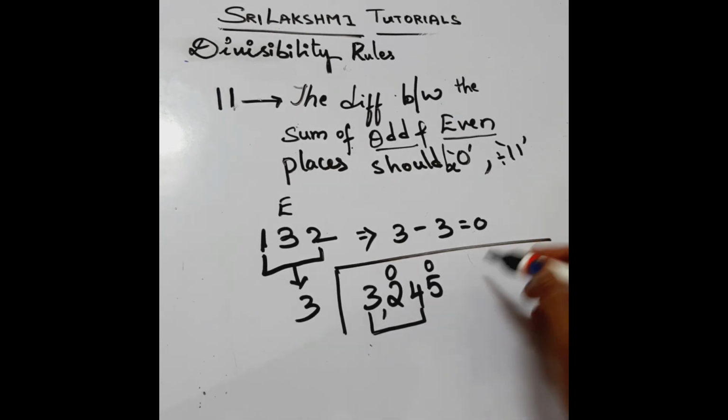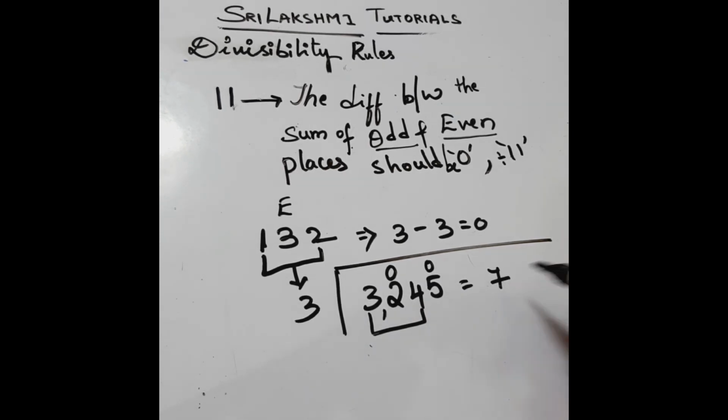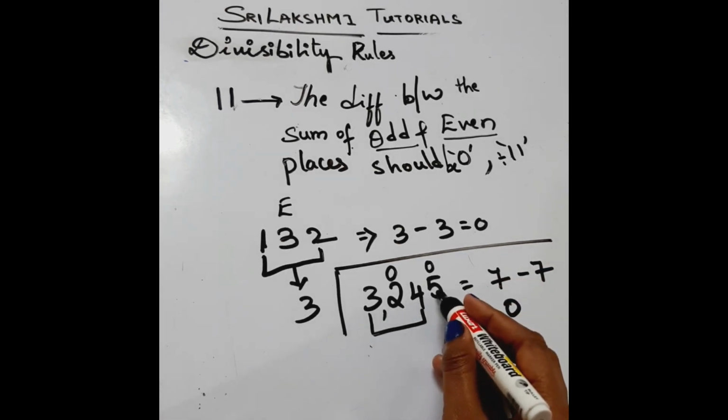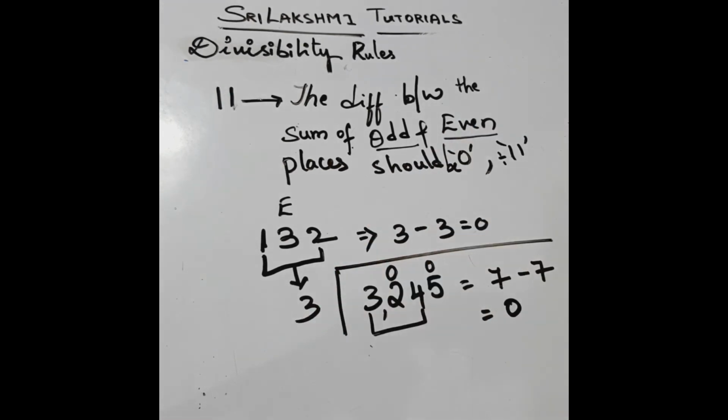Now 5 plus 2 is how much? 7. And 3 plus 4 is how much? 7. So 7 minus 7 we get 0. So 3245 is also divisible by 11. Hope you all understood the divisibility rules.